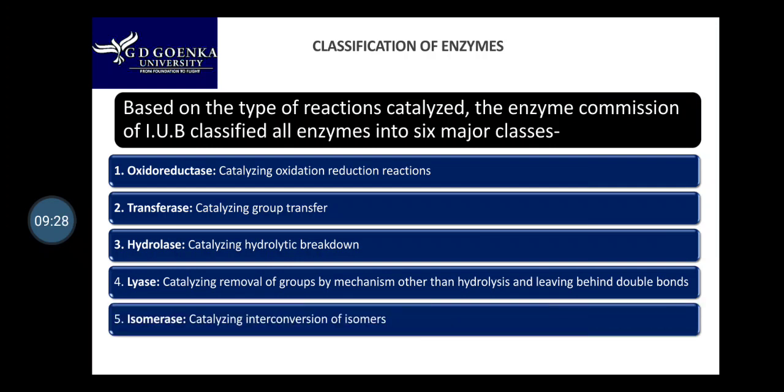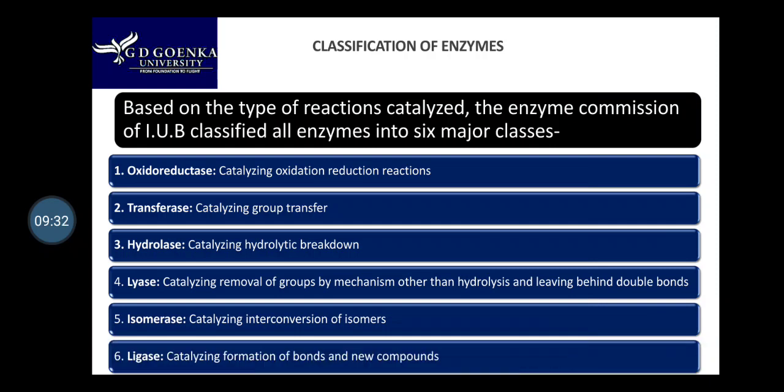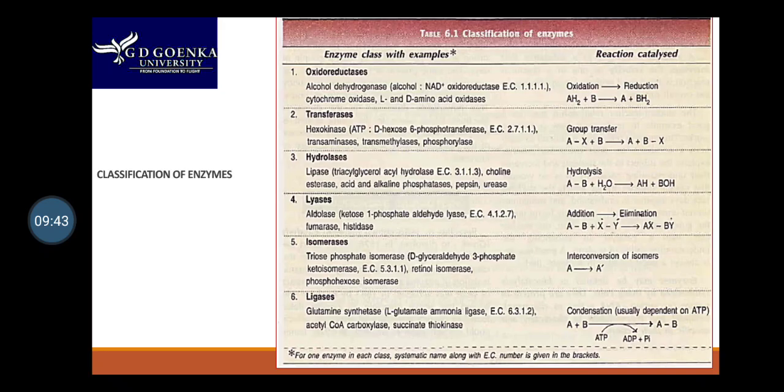Isomerase means catalyzing conversion of isomers, and the last, ligase, which means catalyzing formation of bonds and new compounds. So these are the different classes and their introduction. Here we'll learn some examples of each class of enzyme and how the reactions are catalyzed by each class of enzymes.